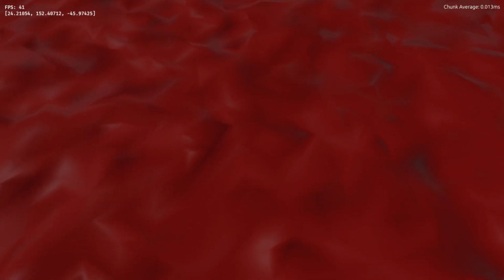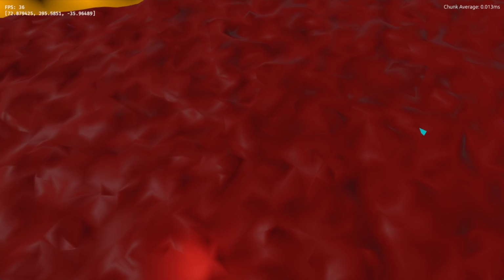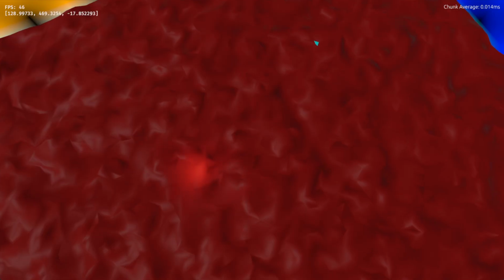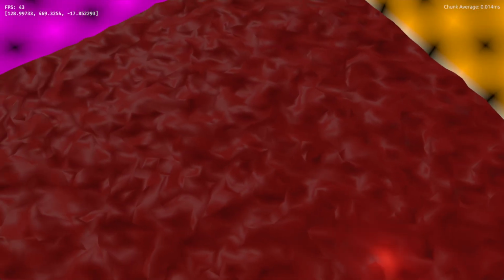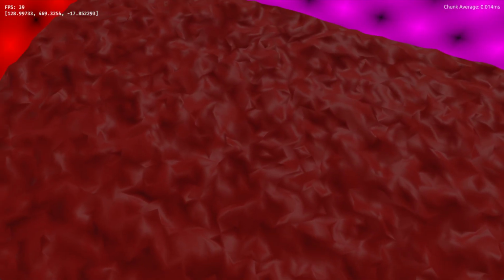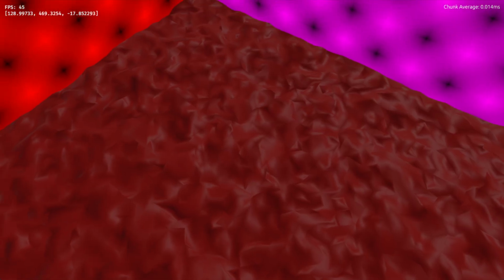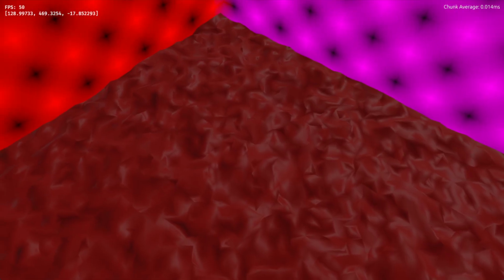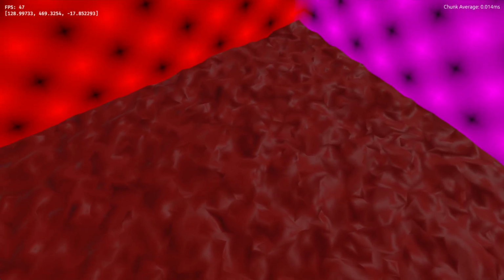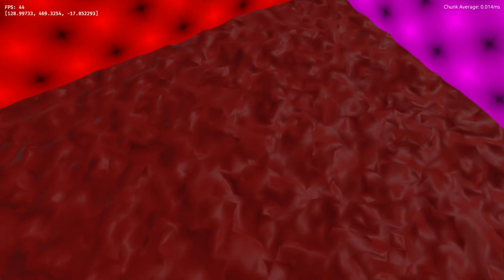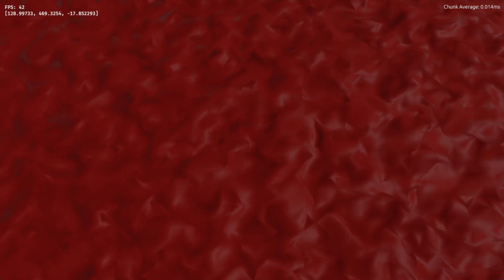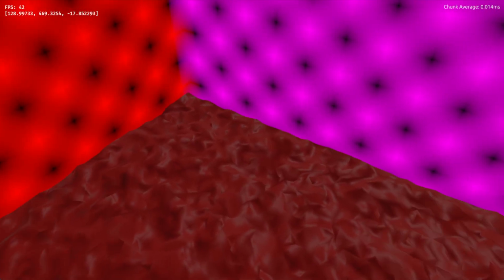But let's see from above. If we keep it within the render distance, you can see this is sort of what I can imagine it would look like once I have everything the way that I want it, with terrain far away showing with this low level of detail, and it would look pretty much great, actually.